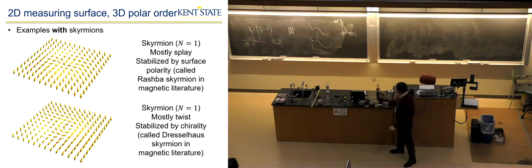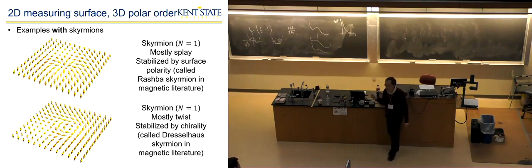This is also a structure that has an integrated charge of +1. So this is another kind of skyrmion. This sort of structure might form in a material that likes splay, which magnets sometimes do at a surface. This kind of structure might form in a material that likes twist, which could happen in chiral magnets.